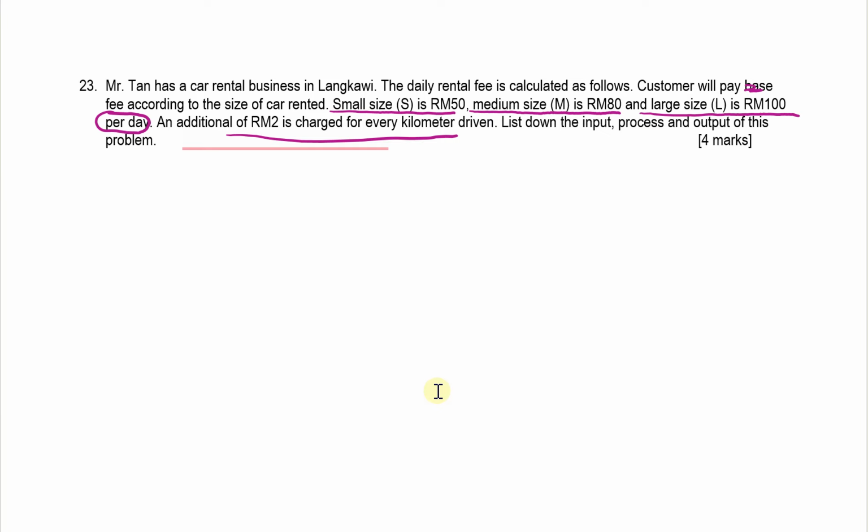Now you have to identify the input, process and output. First of all, you have to identify what is the control structure for this question. Is it sequence, selection or repetition? Actually this one is a selection control structure. Why? Because you have the condition here, and the condition is size of car.